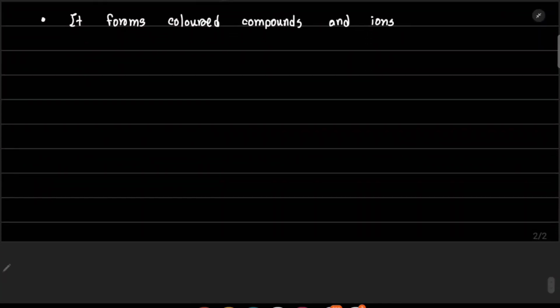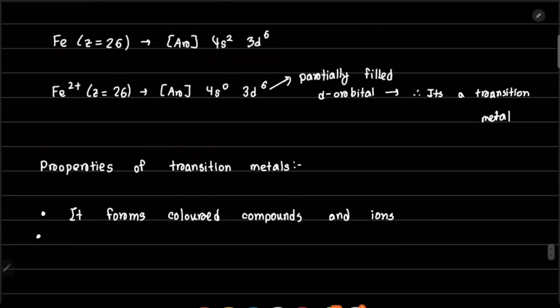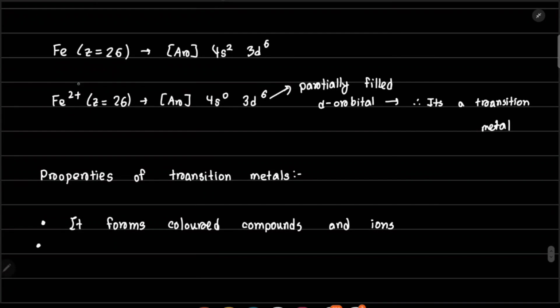in our syllabus. Another property is that they form ions with different oxidation numbers. So for iron, we have two different stable ions, iron 2 and iron 3. Iron 3 has a configuration of 4s0 3d5.